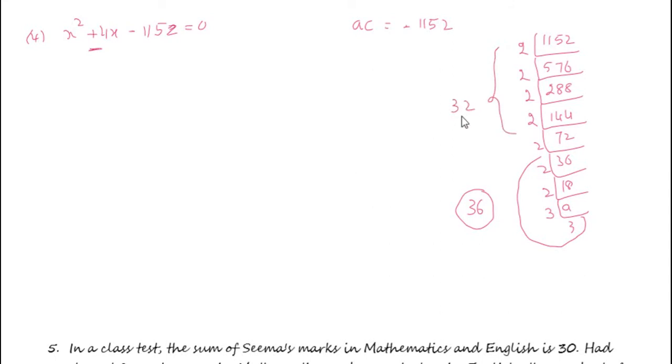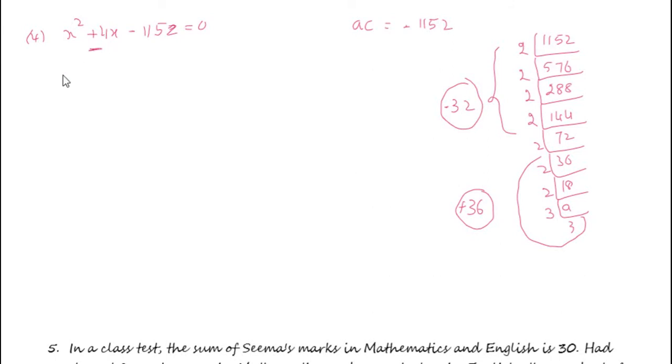So one is 32, another is 36. If this is minus and if this is plus, you know 32 into 36 we arrived at from these factors. So surely the product is minus 1152. Now minus 32 plus 36 is plus 4. So these are the two factors.